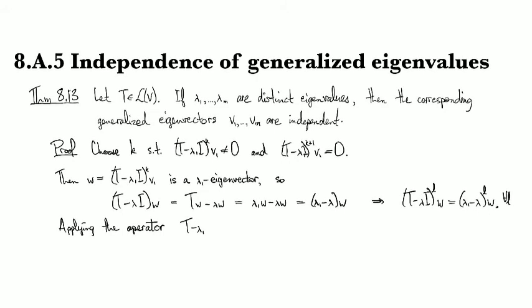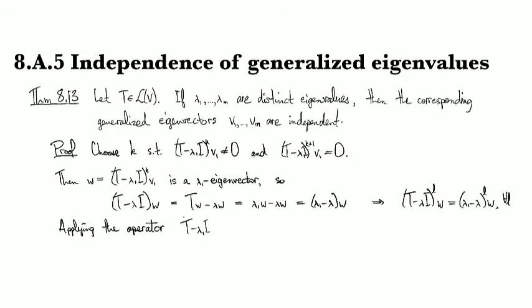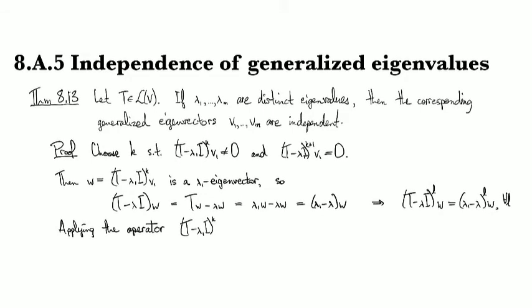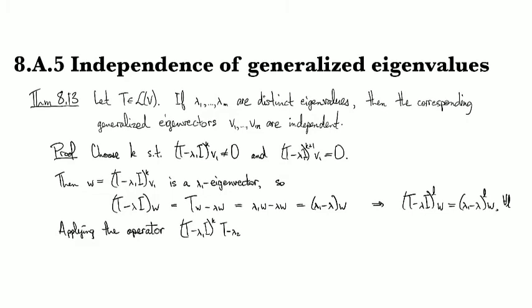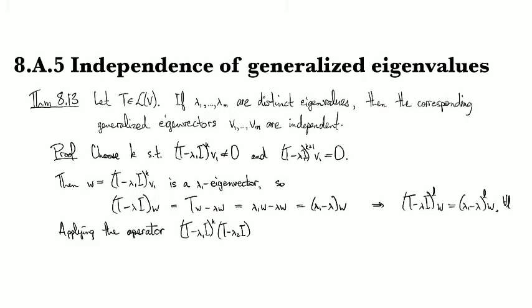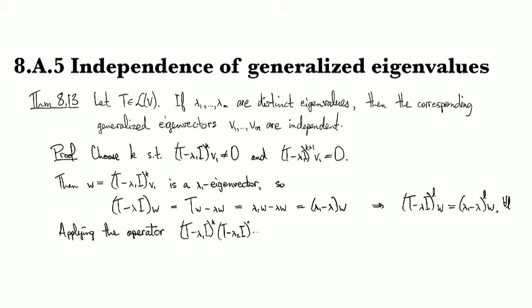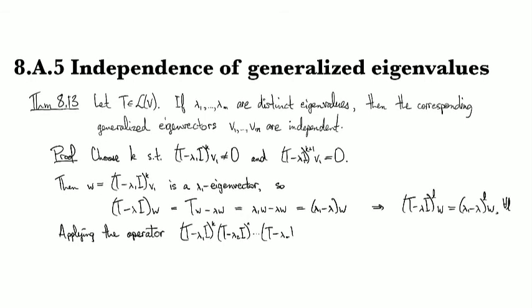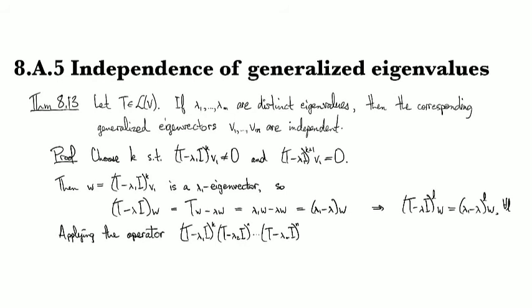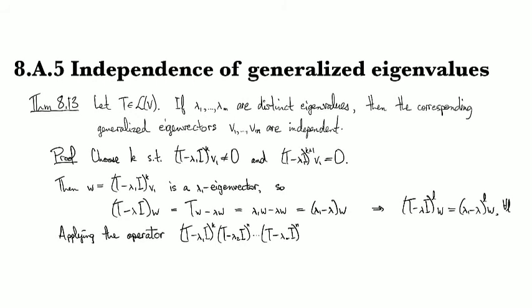So we're going to take (T minus lambda 1 I) raised to the k, and then for all the others we're going to raise it to the power n. So we've got (T minus lambda 2 I) raised to the n, and so on up to (T minus lambda m I) raised to the power n. So all those other ones are raised to the power equal to the dimension of the vector space.